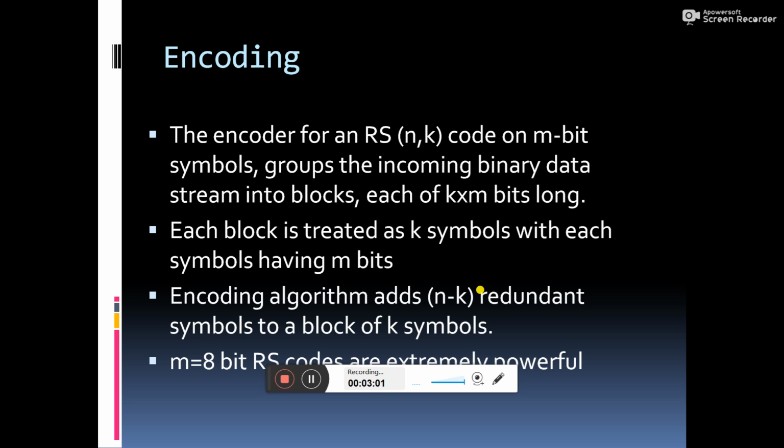This encoder first groups the incoming binary data stream into blocks, each of k by m bits long. That is, each block is treated as k symbols with each symbol having m bits.